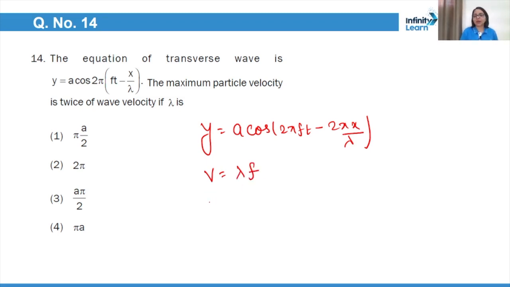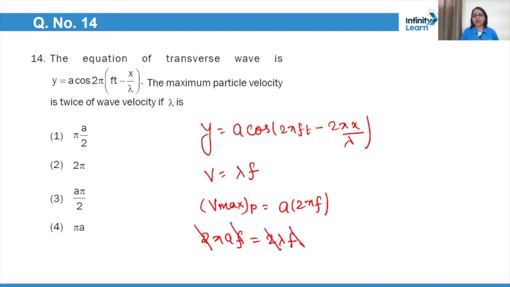And the maximum particle velocity v max is given as a omega, which is a into 2 pi f. So it is 2 times the wave velocity. So 2 pi a f equals 2 lambda f. You can cancel 2 and f, so lambda will be pi a. So the correct answer is option 4.